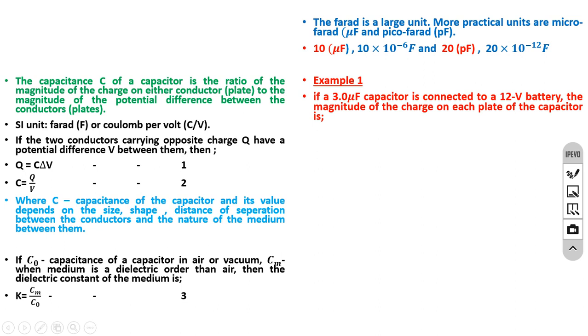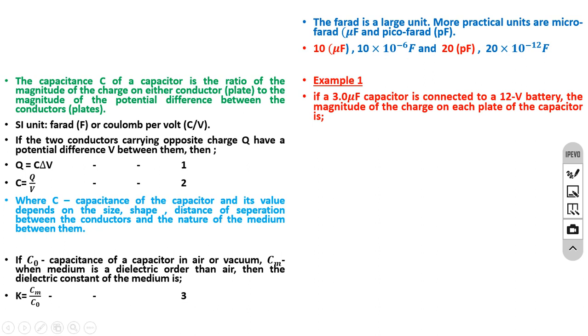If a 3.0 microfarad capacitor is connected to a 12-volt battery, just as you saw in the diagram in the figure, the magnitude of the charge on each plate of the capacitor is, indirectly the question wants us to find the magnitude of the charge, Q, on each plate of the capacitor.